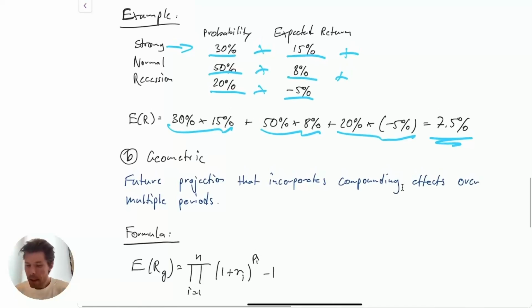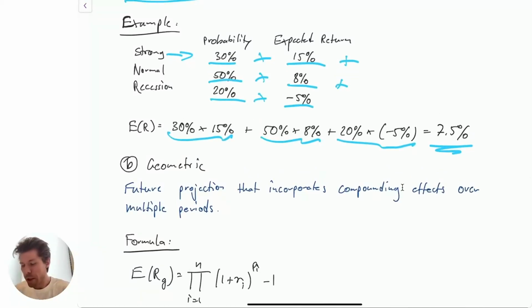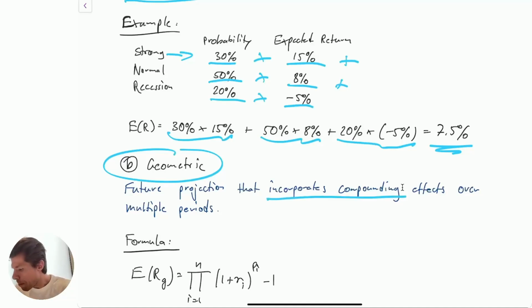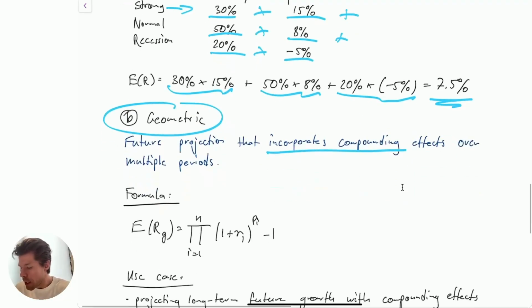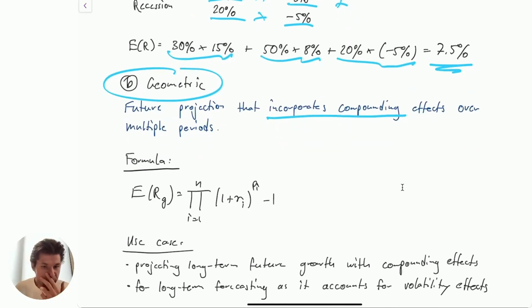Then the last one, again, we are looking at the future. We're talking about an expected return, geometric future projection, and that incorporates the compounding effect over multiple periods. Formula, as you can see here: expected R sub G equals the product from i equals 1 to n of (1 plus R sub i) raised to the power of P sub i, minus 1.